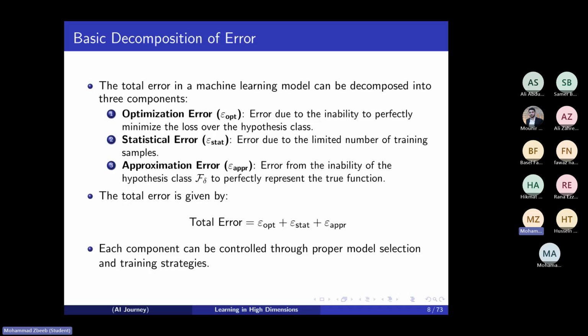Yes, 100%. Like in linear regression, most probably we're going to get a zero optimization error. Why? Because it's a convex optimization problem, and you can solve it in closed form and get the perfect weights. But we're talking about deep learning. In deep learning, due to the stochasticity of the problem, we have many things that are random, like the batch size and the weight initializations.